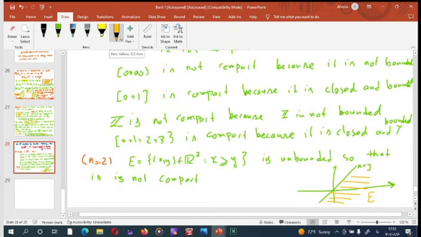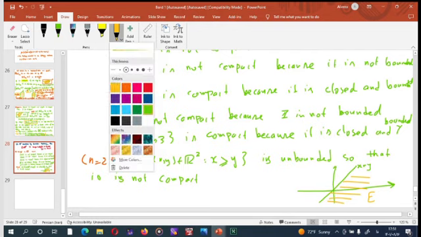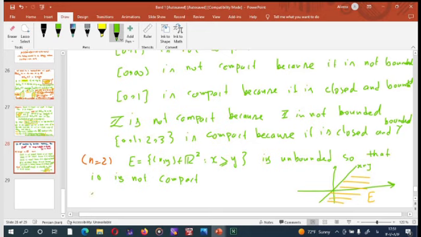and this is a compact set. For example, [0, 1] multiplied by [4, 6] is compact because this set is closed and bounded, okay?